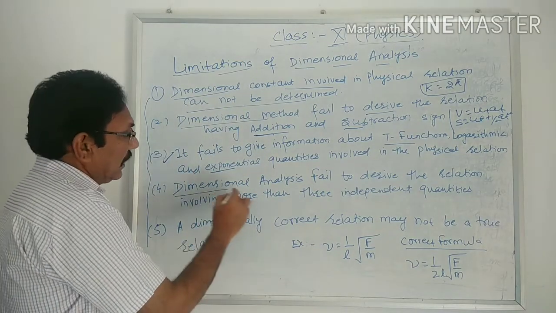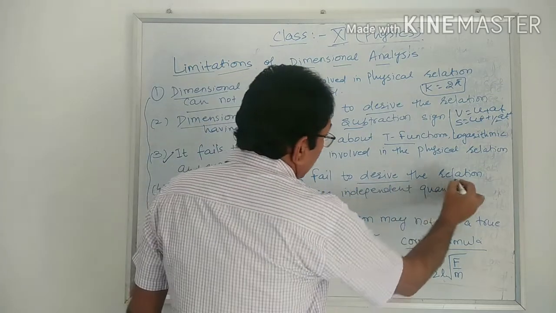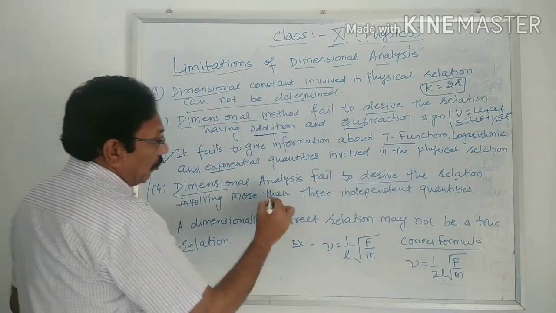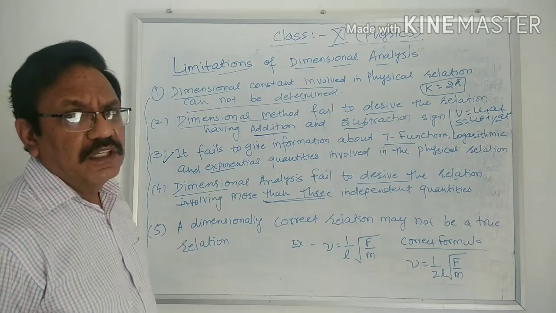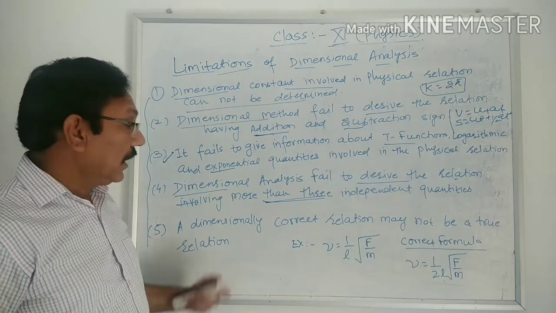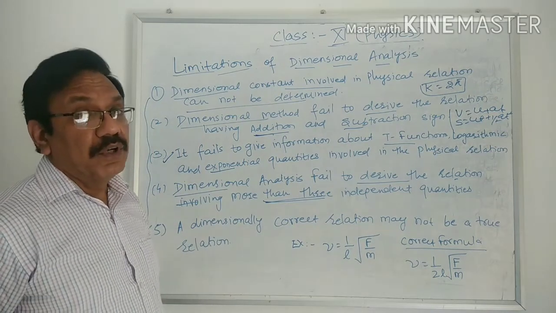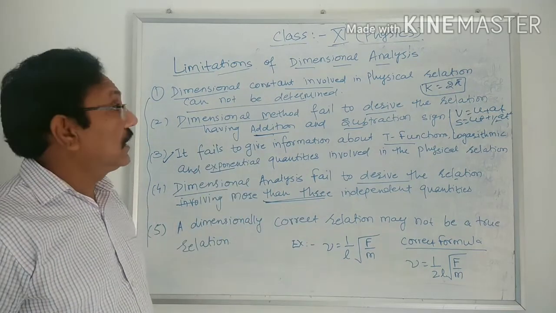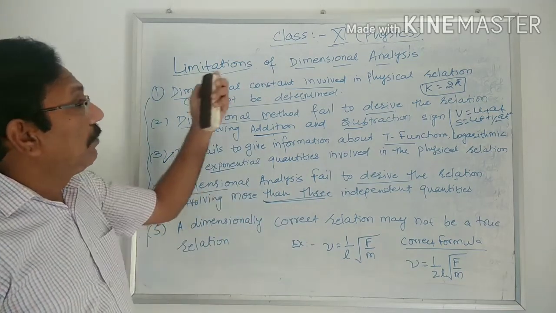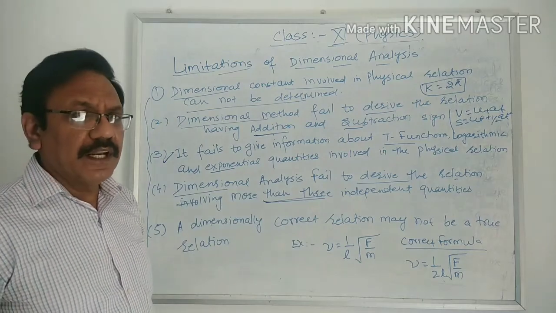Fourth, dimensional analysis fails to derive relations involving more than 3 quantities. There are some physical relations used in physics carrying 4 or 5 quantities, but the relations for those quantities cannot be derived by the methods of dimensional analysis.